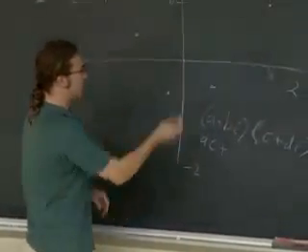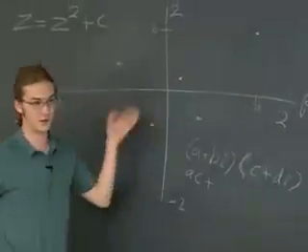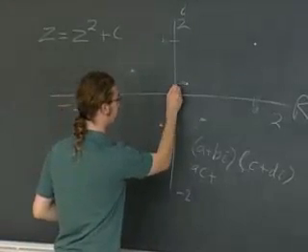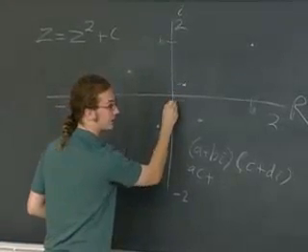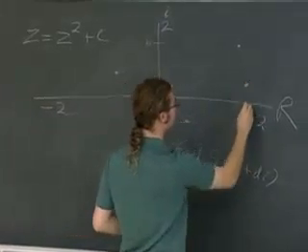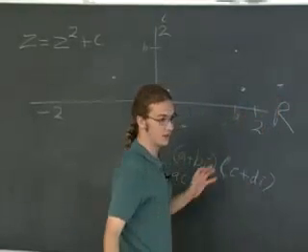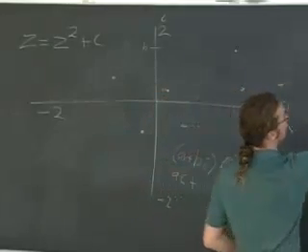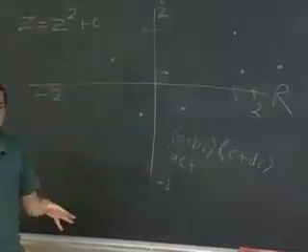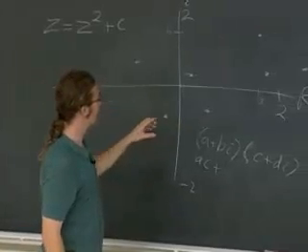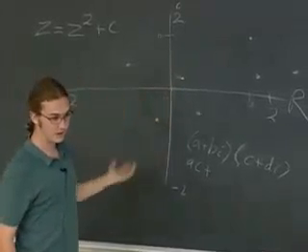Say a point in here, a point that's very close to the origin, 0, 0. What it tends to do is spiral inward as you iterate it. But a point out here, definitely a point outside of 2, what it tends to do when you apply this function is to get mapped out here, and over there, and just go really far away. So to render the Mandelbrot set, we apply the function a number of times.